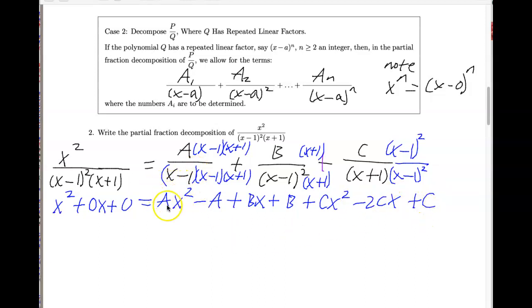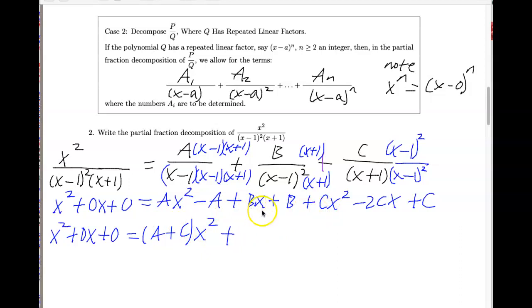Okay, so from here, I want to group the x squareds, the x's, and the constants. So I'm going to be left with x squared plus my 0x plus 0 equaling A plus, oops, sorry, not plus B, it's plus C. So Ax squared plus Cx squared, so you can factor out the x squared.